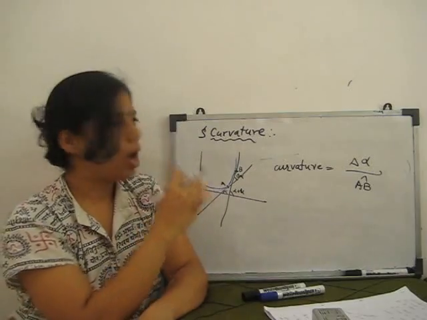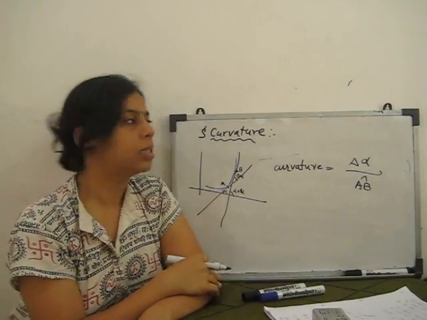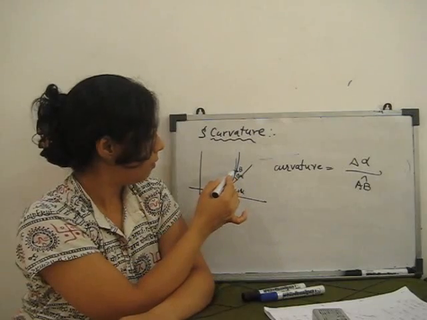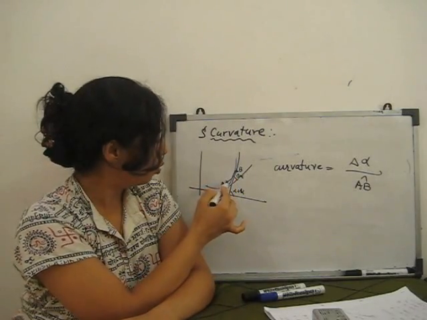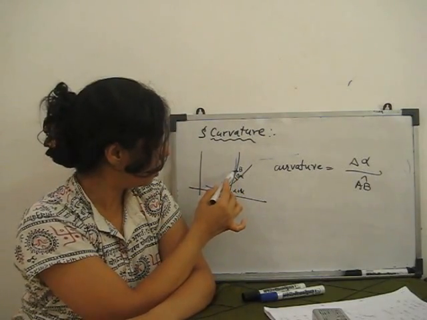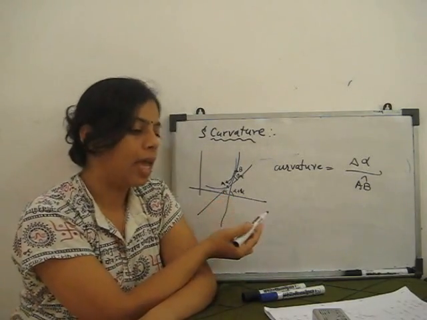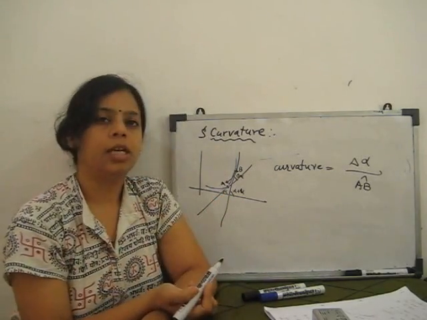Now if we talk about the standard formula for the curvature, if B comes to point A, what is the change?